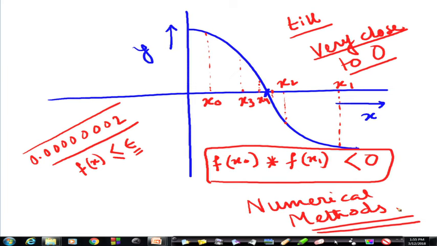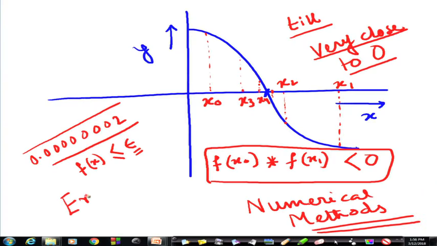One of them is finding the root of a function, the root of a polynomial. While doing these numerical methods, we always encounter errors, and our algorithm will be better if the error is less. Now, what do I mean by error?